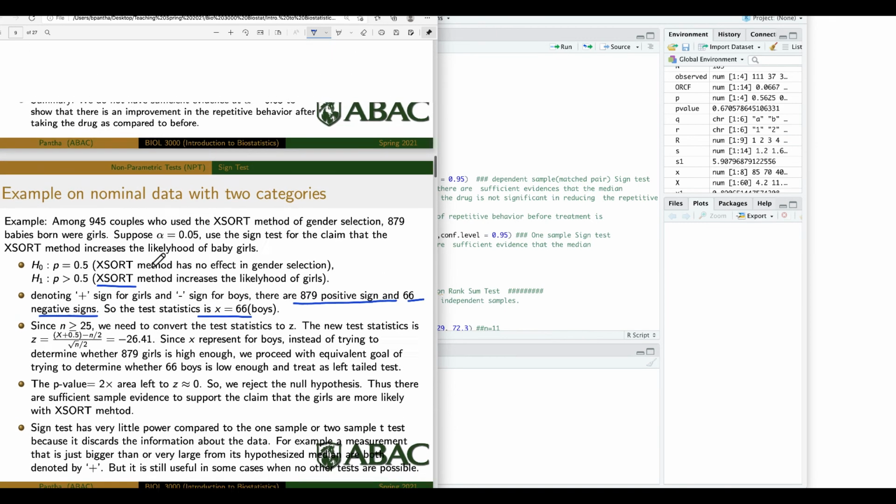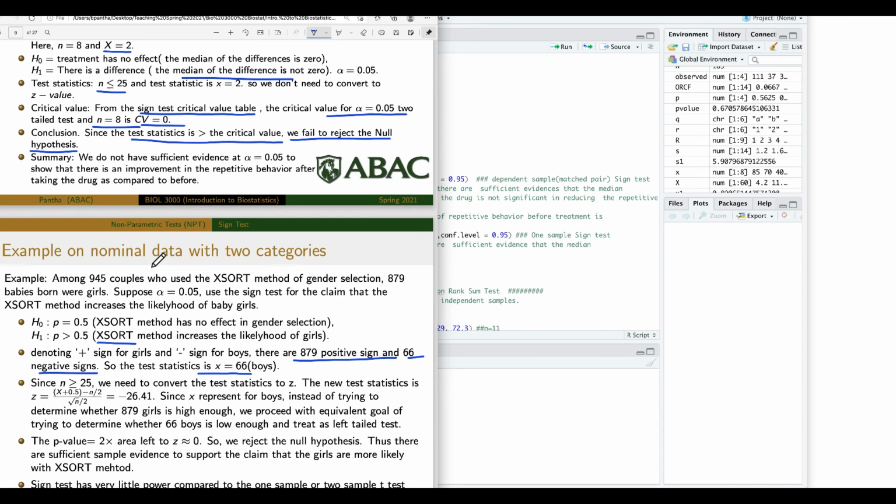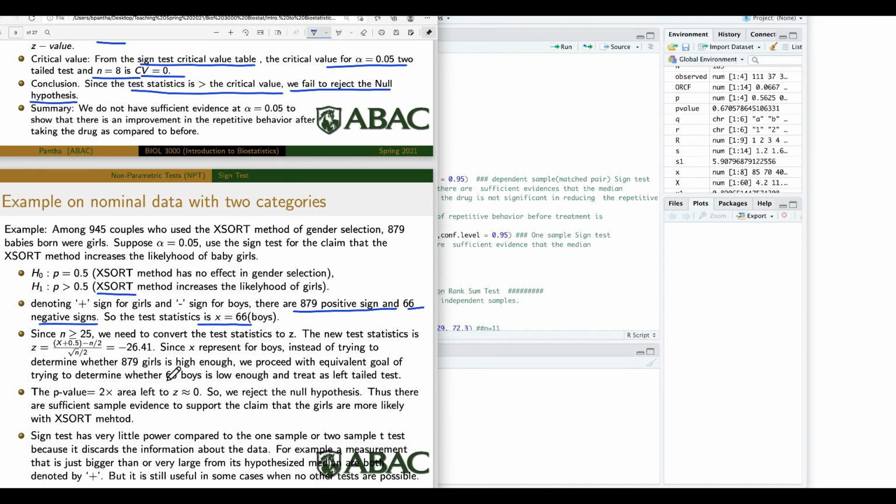So we don't find the critical value by the Sign test table. What we do is we need to change that into the z value. Since n is greater than or equal to 25, we need to convert the test statistic to z.